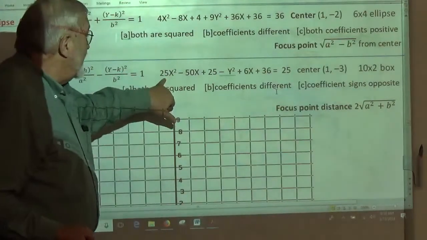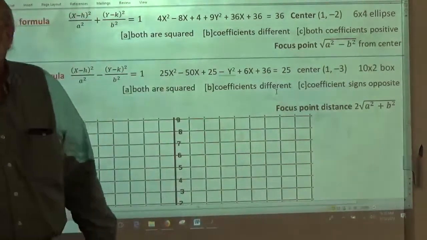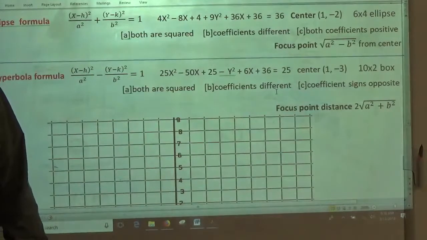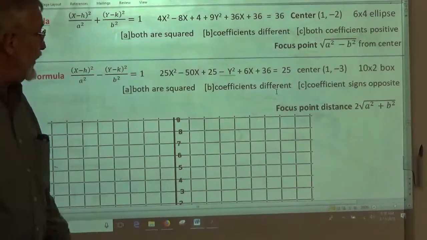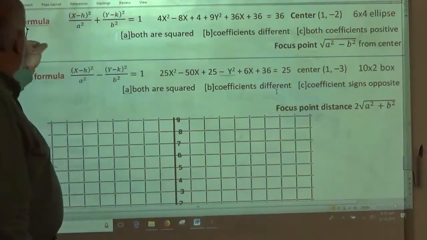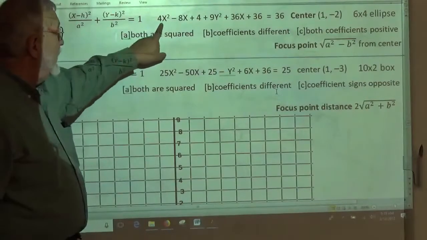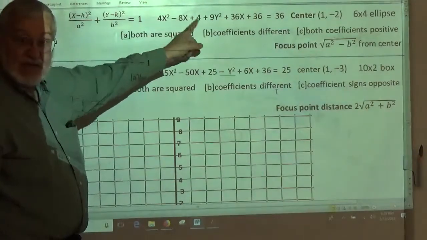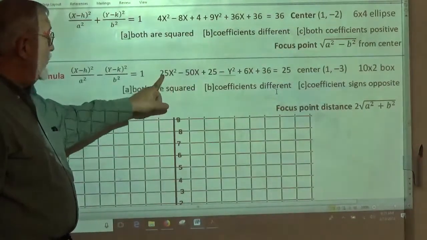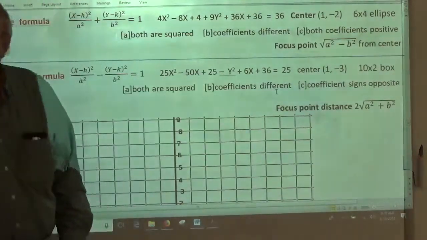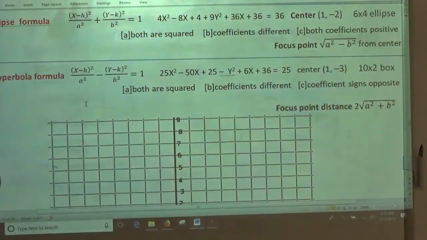Now, this has 25 and negative 1. Because they're not the same, it can't be a circle. Now, how do you tell the difference between the ellipse and the hyperbola? The ellipse, both of these are positive. In the hyperbola, one's positive and one's negative. All right, so when you look at the equations, that's what you've got to be able to do. We're going to practice that today.